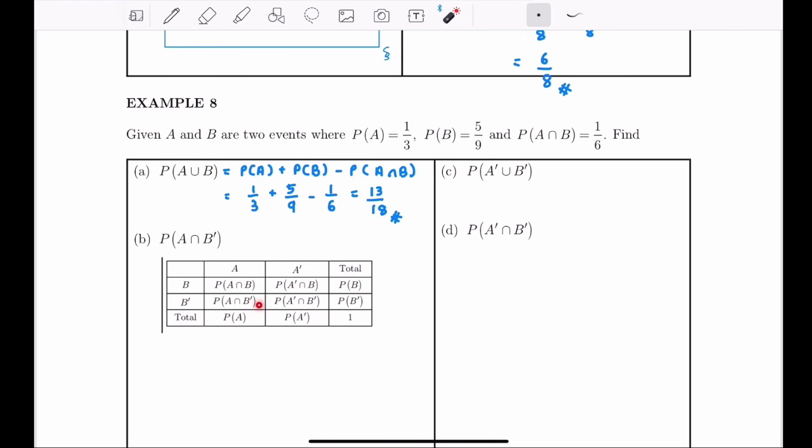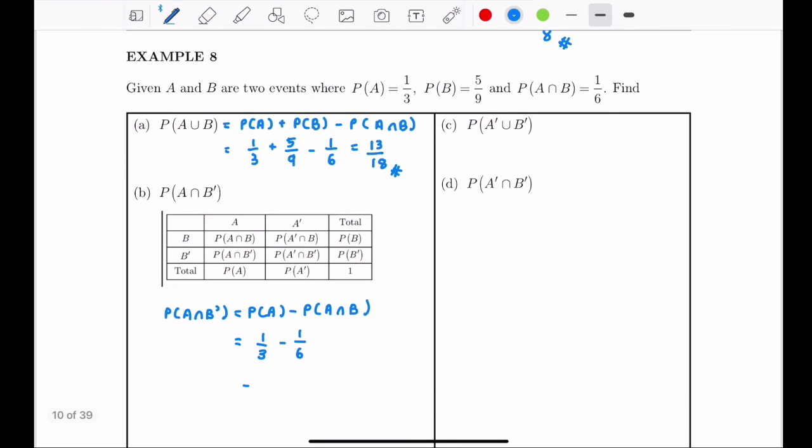We can find it if we subtract P(A intersect B) from P(A). So P(A intersect B prime) equals P(A) minus P(A intersect B). So P(A) equals 1 over 3 minus A intersect B, which is 1 over 6. So we're going to get 1 over 6 as the answer.